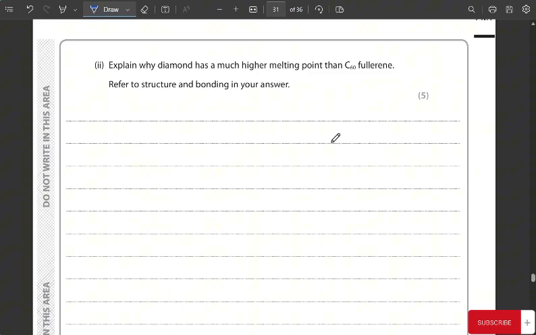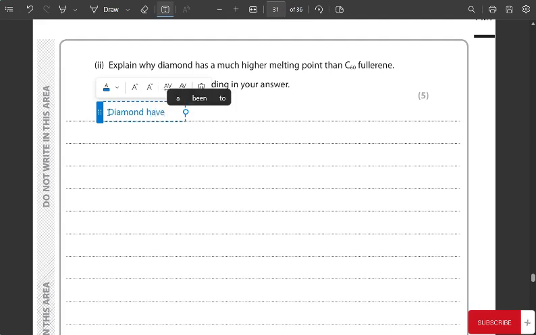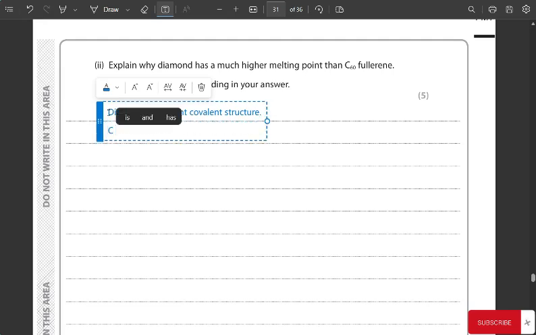Explain why diamond has a much higher melting point than C60 fullerene. Refer to the structure and bonding in your answer. The first reason is diamond has a giant covalent structure. C60 has a simple molecular structure.